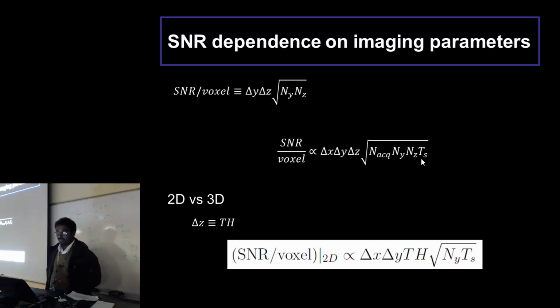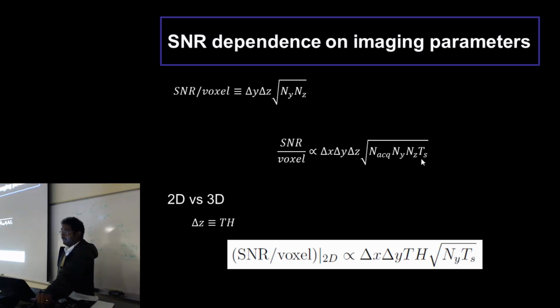So if you're debating whether you want to do a 2D versus 3D experiment, and you don't have as much time to do a full 3D experiment to collect the whole slab, then you can do a 2D experiment in a slightly shorter time, as long as your TR is longer, typical compared to a 3D experiment.